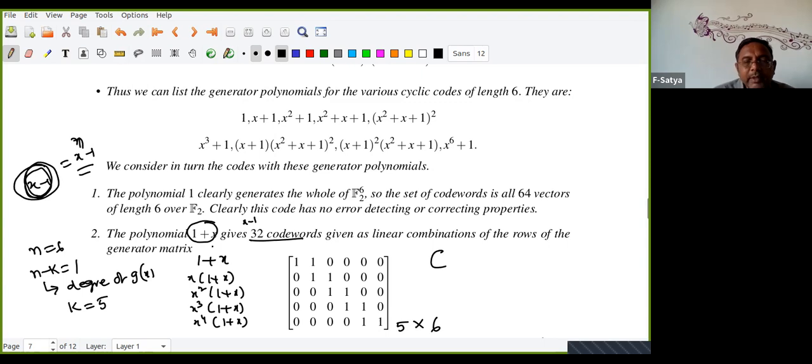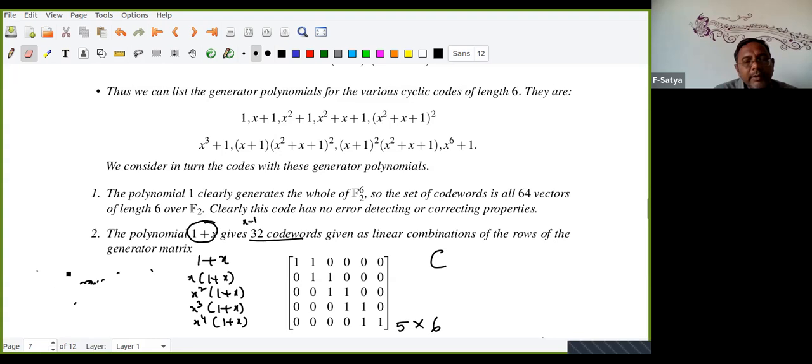I wrote x plus 1 because positive I can write instead of minus. So the parity check code is actually a cyclic code, right? Cyclic code. So the generator polynomial is x plus 1 or x minus 1. Any questions?